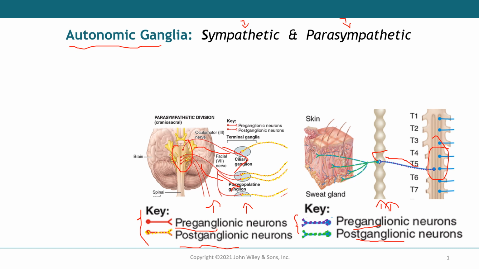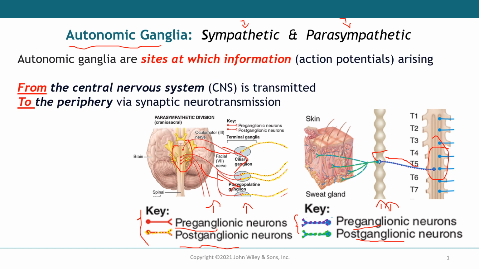Just to recap, autonomic ganglia are sites at which information, understood as action potentials, arises from the central nervous system and is then transmitted to the peripheral nervous system. And how is that done?